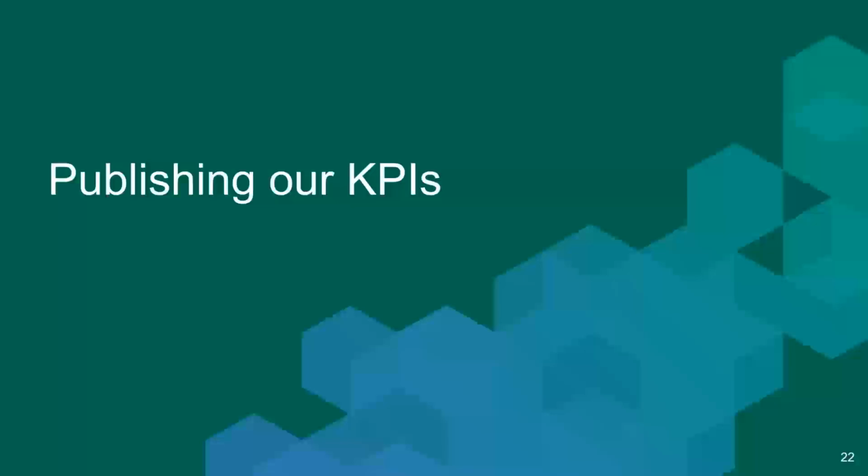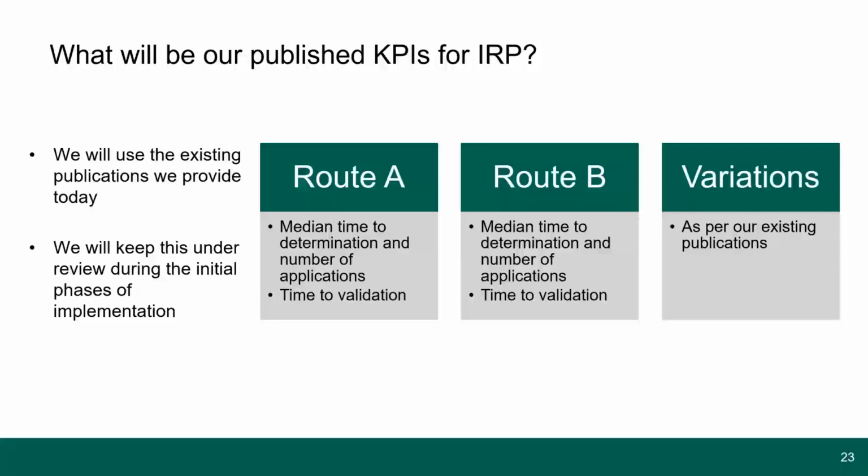We do intend to publish key performance indicators as we do today. Next slide, please. It is our intention to use the existing publications we provide today. So for Route A and Route B, that will cover the median time to determination and the number of applications that we've received, and it will also cover the time to validation. For variations, it will be as our existing publications.